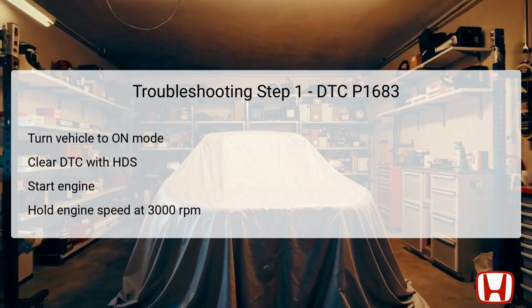Once cleared, you may start the engine, ensuring that the vehicle is in park or neutral according to the transmission type. It is essential to hold the engine speed at 3,000 revolutions per minute, RPM, without any load until the radiator fan activates. This action allows the system to go through its operational checks thoroughly.